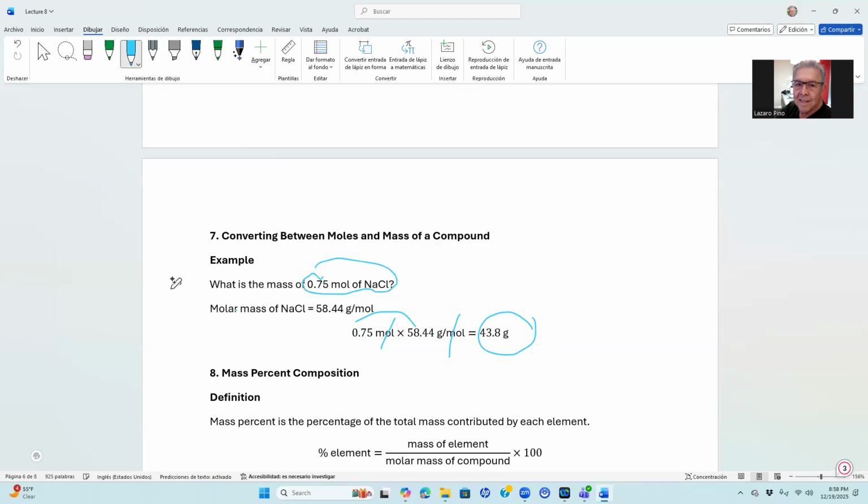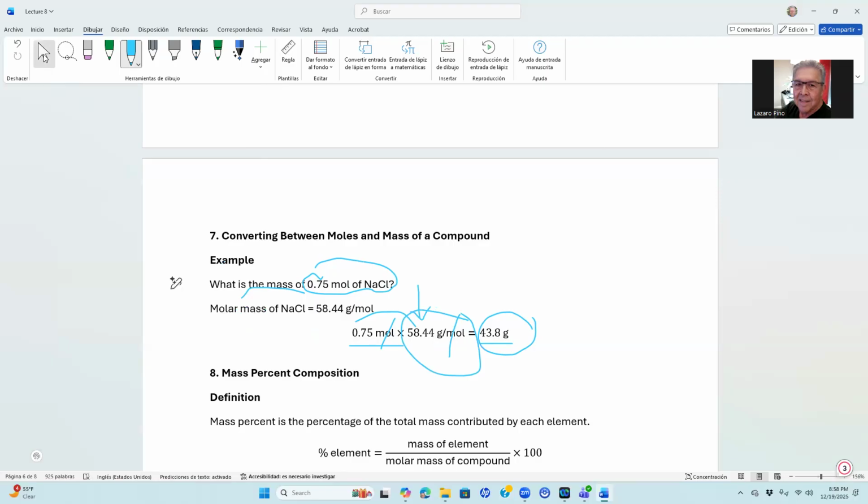Then what is given? 0.75 mole. You multiply it by the molar mass, you cancel mole with mole, and then you get the mass of 0.75 moles of sodium chloride. In this case, you use the molar mass of sodium chloride.